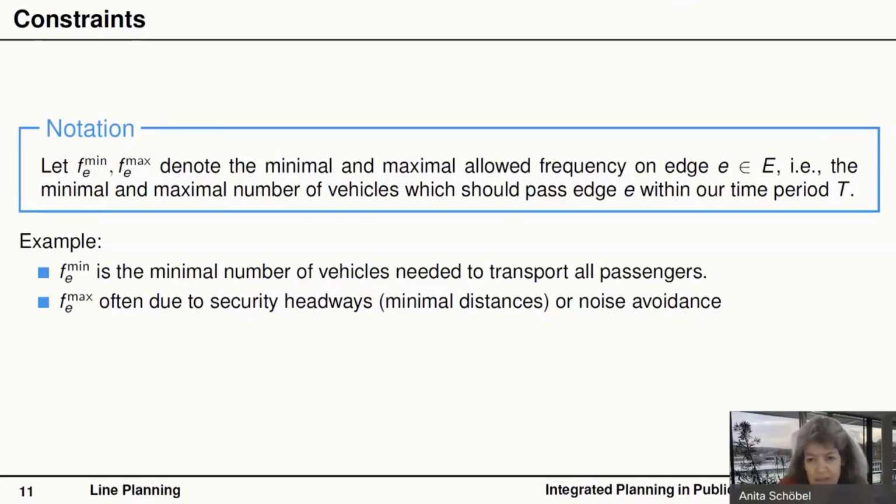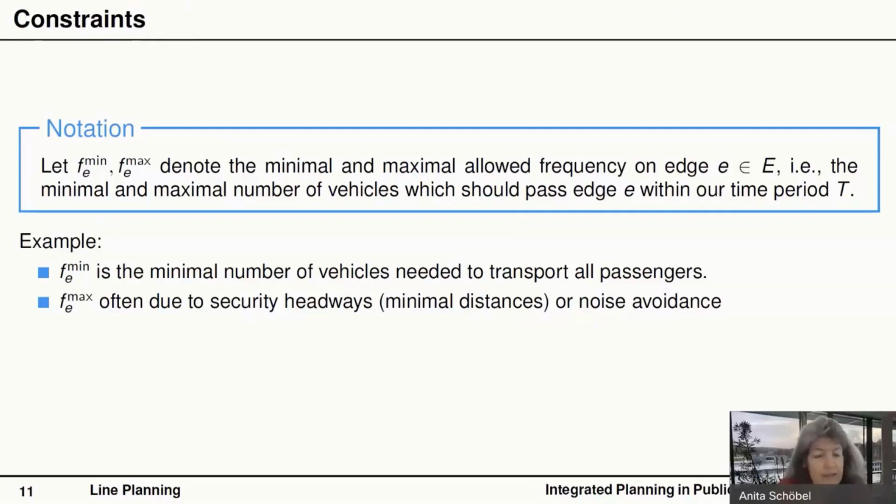Then you see how many passengers would like to travel along every edge, and you know how many passengers fit into one bus. If you divide that, you get the minimal number of buses you need to run along these edges. These buses can belong to several lines, but you would like to have at least a given number of buses that go along every edge.